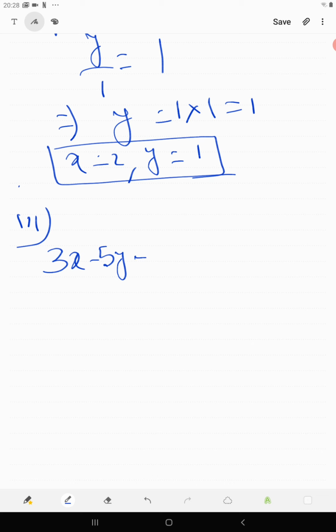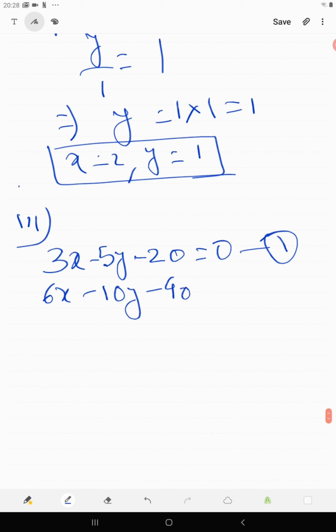I am bringing 20 to the left, so 3x minus 5y minus 20 equals 0. We were given 3x minus 5y equals 20. I am removing one step and directly bringing 20 to the left-hand side. Similarly for the second equation, 6x minus 10y minus 40 equals 0. This is our second equation.